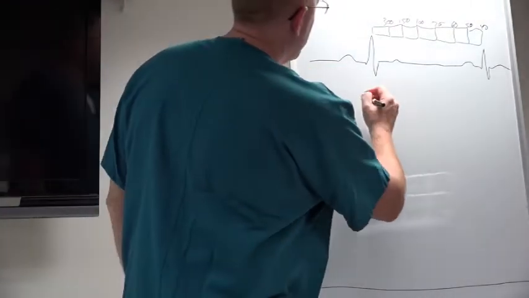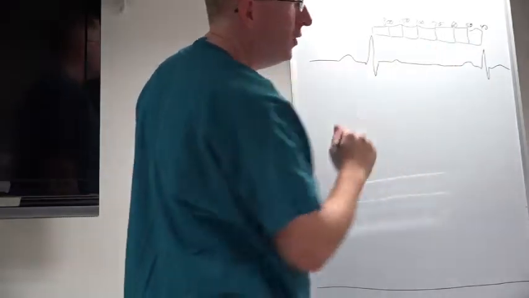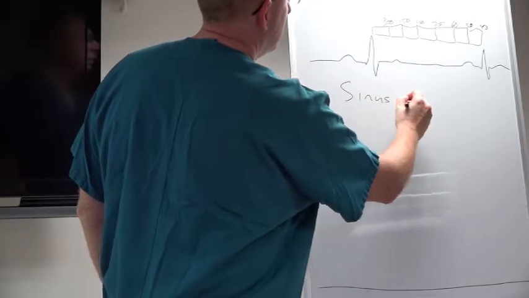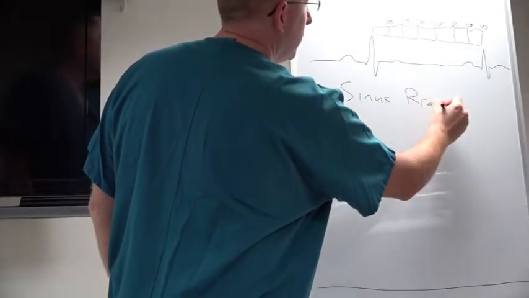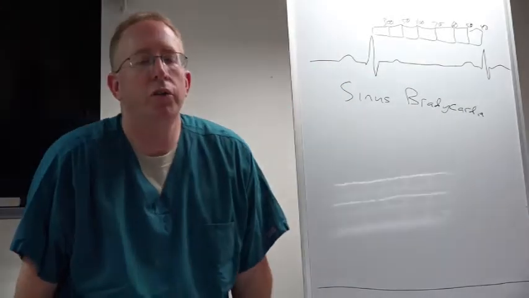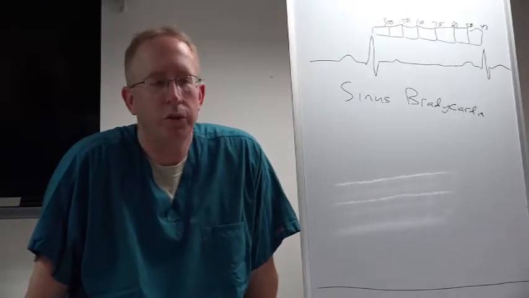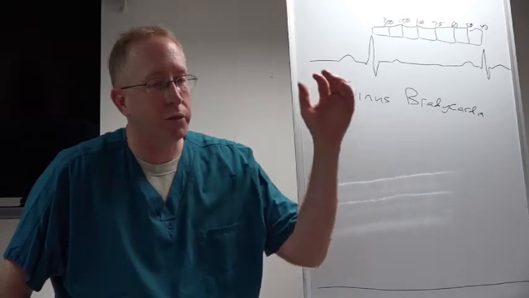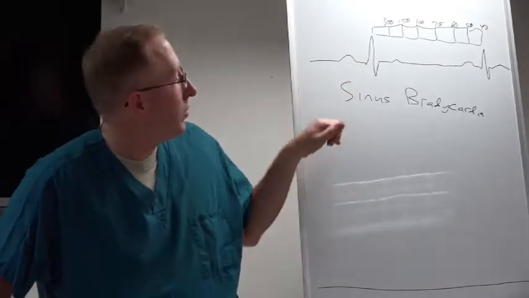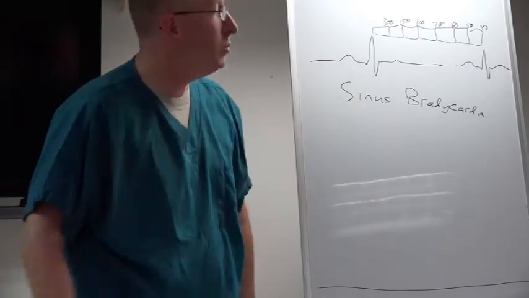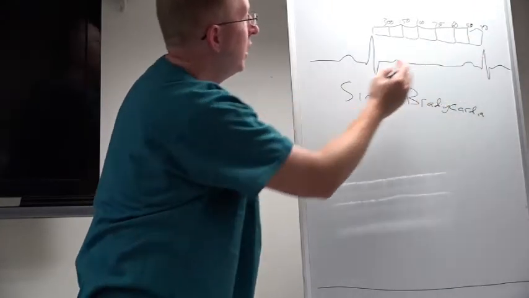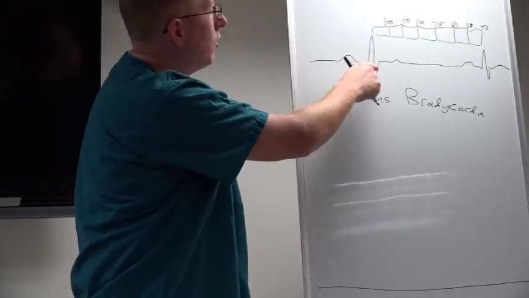Now, when we talk about this particular rhythm, we talk about sinus bradycardia. Sinus bradycardia essentially means there's no heart block. There's no blockage between the atria and the ventricles. There's nothing that's impeding the electrical impulse from the atria to the ventricles. And so sinus rhythm generally means there's a P wave associated with every QRS.